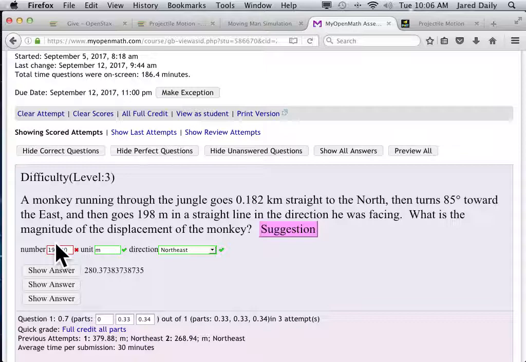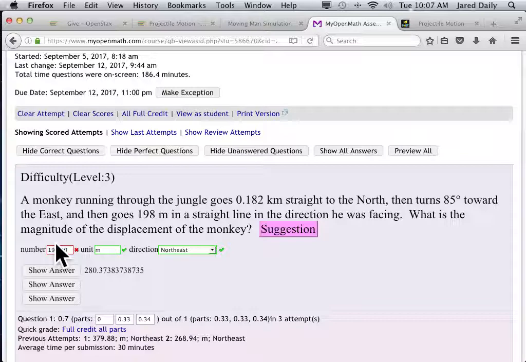And then it's 199. And we'll square that. Okay, and then we have 198 times sine times cosine. 198 times cosine 5 degrees equals 197. Right?